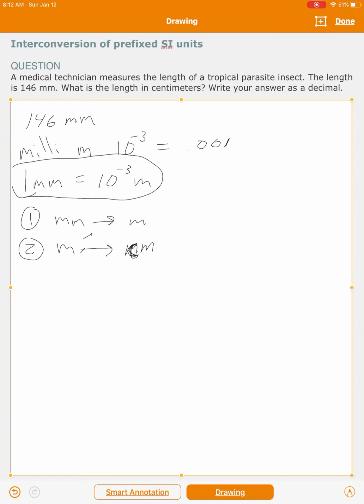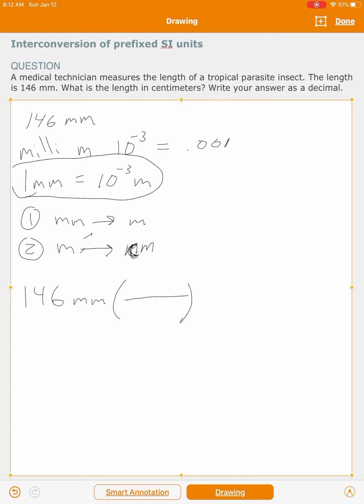So we have 146 millimeters, and this is where we're doing conversion factors. It's an important aspect of chapter 1. It's really discussed pretty briefly, but it's an important topic that you use throughout the sciences. So 146 millimeters.